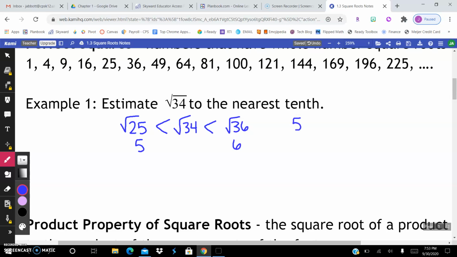So I'm going to try out 5.8, and I'm just going to multiply that together.